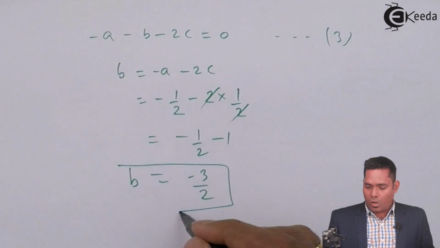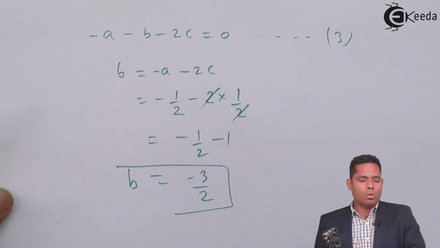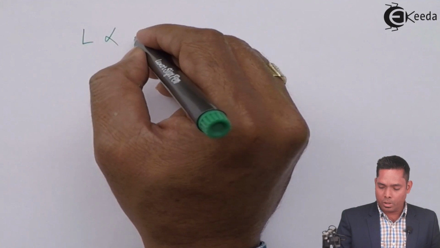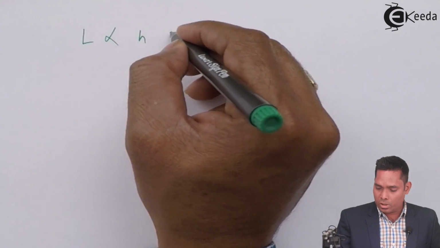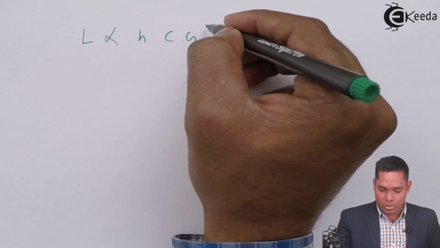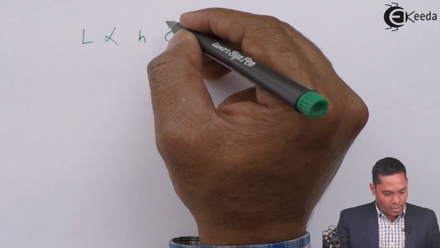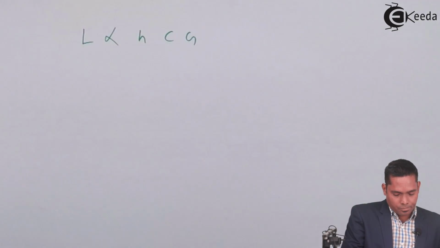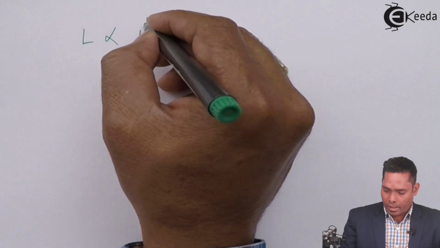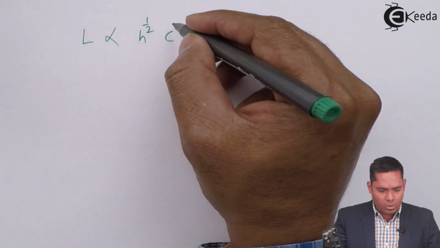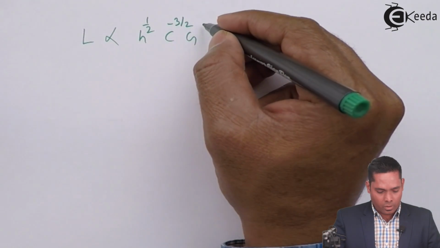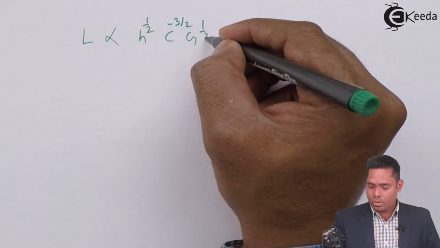So a, b, c I got, and I will substitute these values in the original equation for L, where L is proportional to h, c, g to the power of a, b, c. a I got as half, b I got as minus 3 by 2, c I got as half.